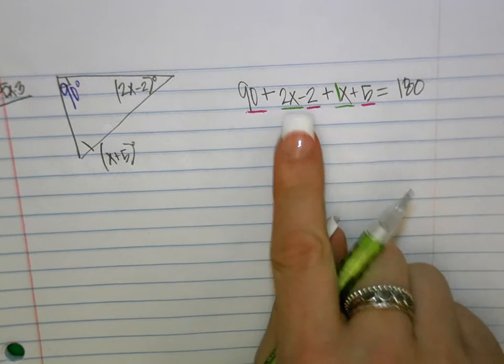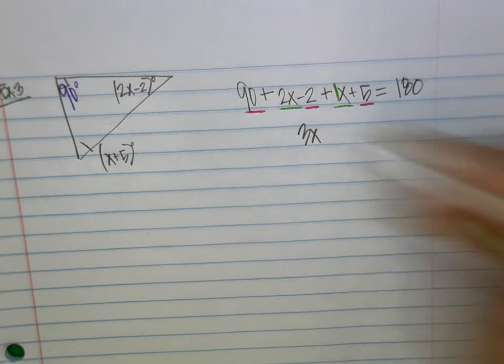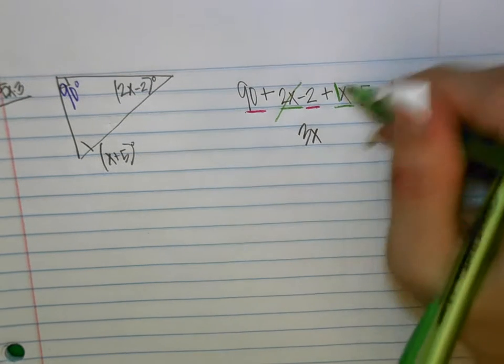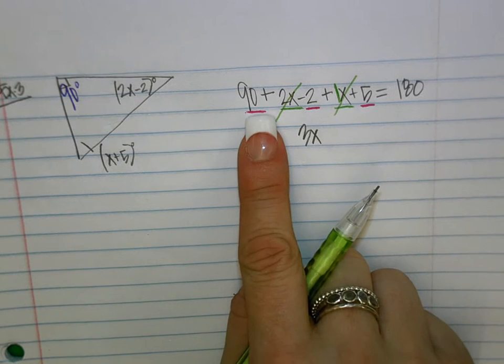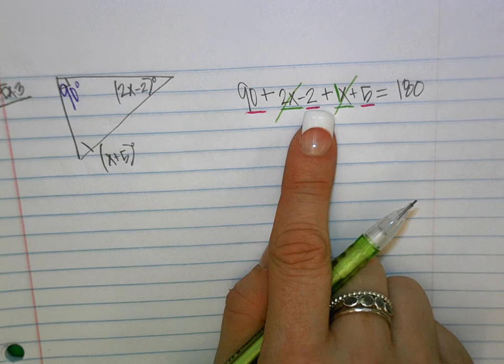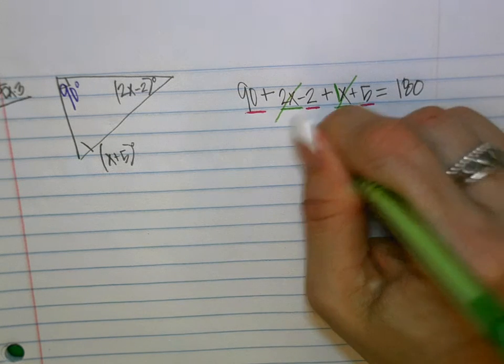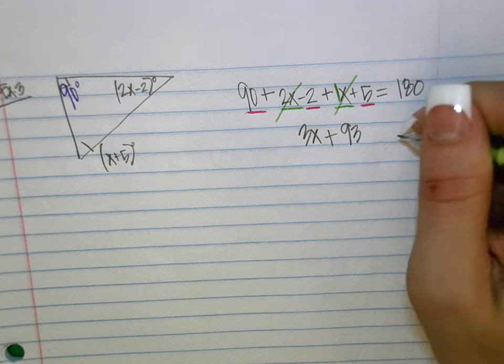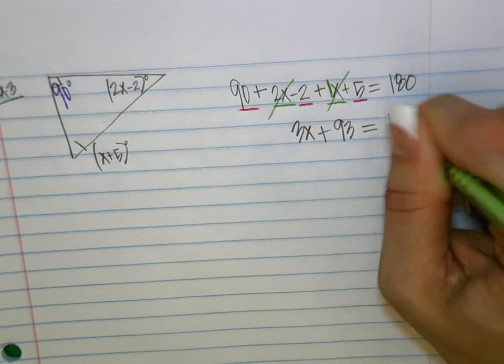Okay, so what's 2x plus 1x? 3x. Okay, if it helps you, cross these out after you've taken care of them. Just in case. 90 minus 2 gives you what? You could do this in your head. 88 plus 5 is 93. So 3x plus 93. If you couldn't do that in your head, do it on the side of your paper. That's totally fine. Equals 180.